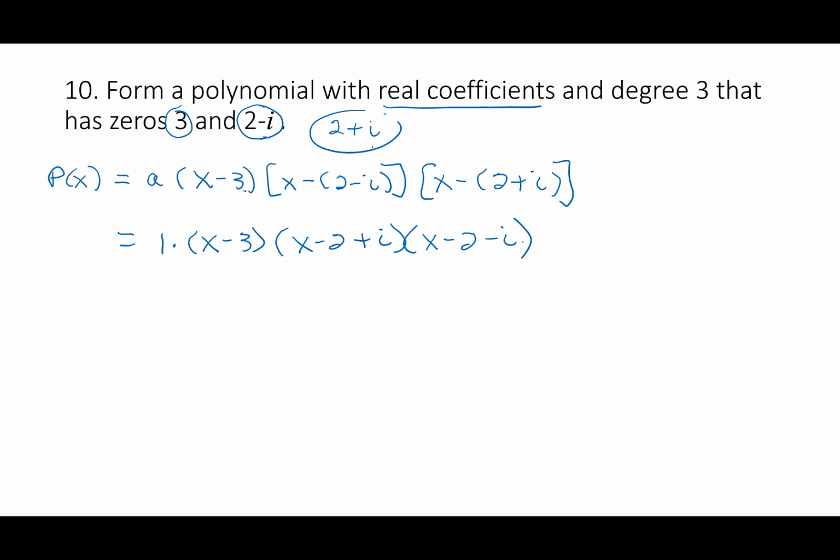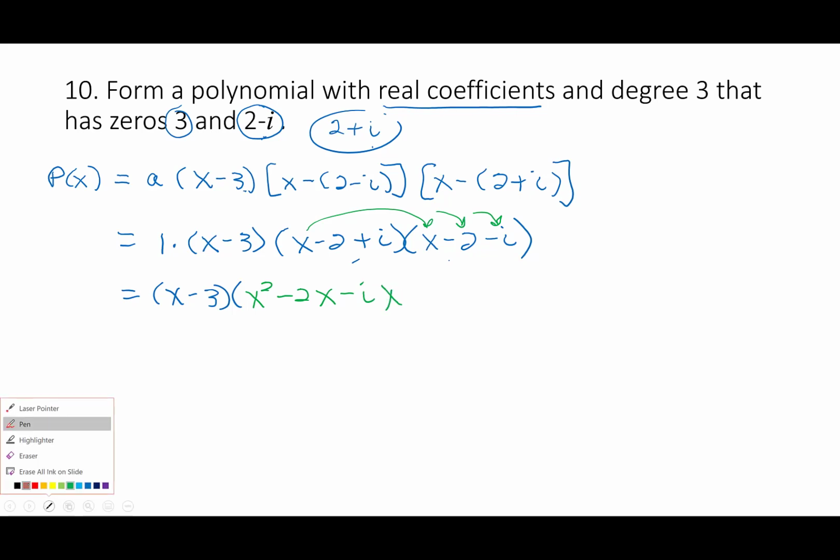And I would always start by multiplying these i factors together. If we do that, we're going to have x minus 3 times, I will first of all distribute this x through. So I have x times x, x times -2, x times -i. That would give me x squared minus 2x minus ix. Okay, and then I'm going to move on to the -2.